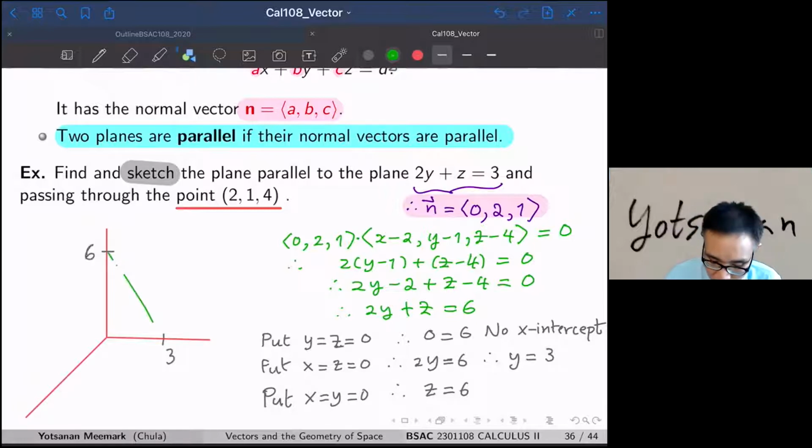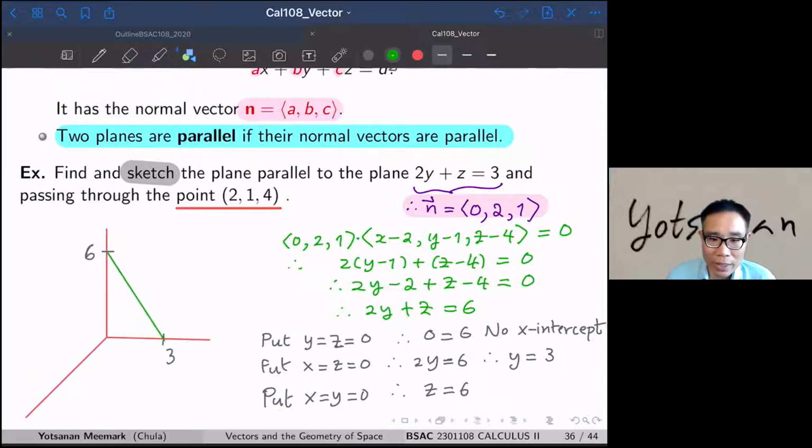Okay, so that would be joining these two points. Nice. So you will need to know how this plane is going to look.